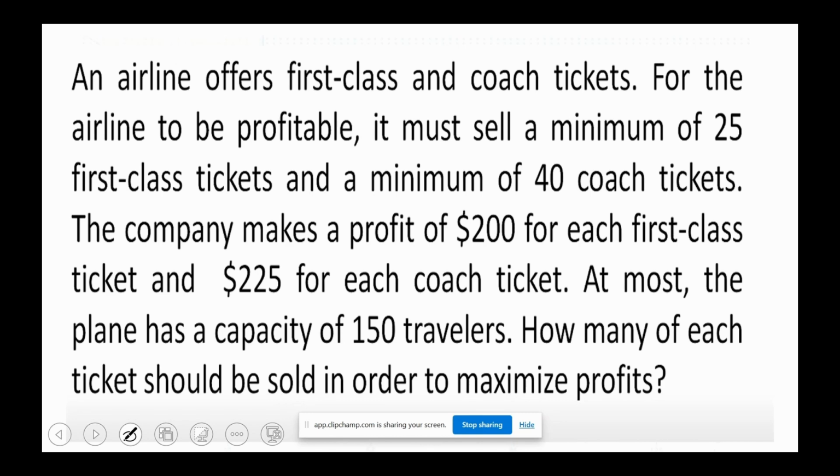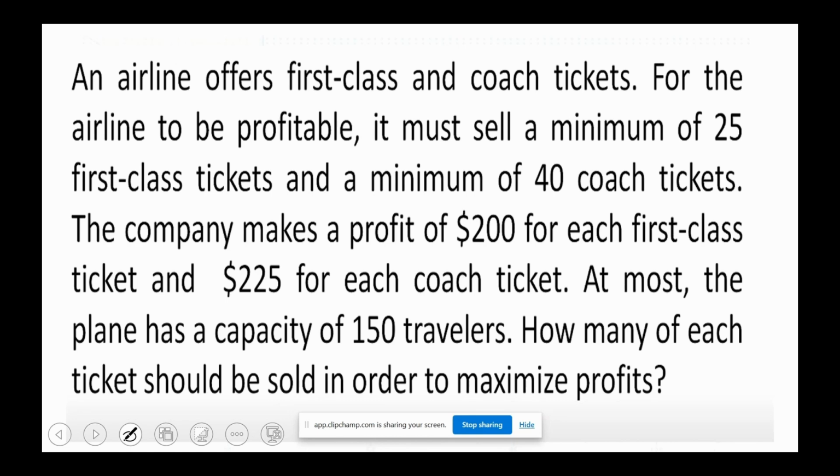An airline offers first class and coach tickets. So there are two categories, first class and coach tickets. This is category 1 and category 2. It can be other things like chair and table, any category I mean. So the airline offers first class and coach tickets.